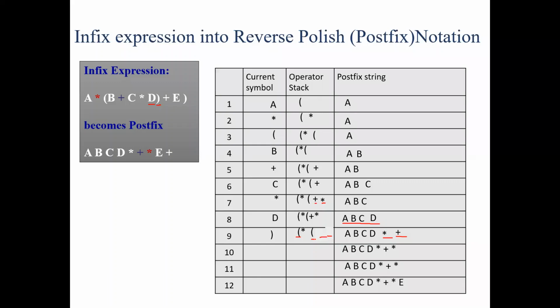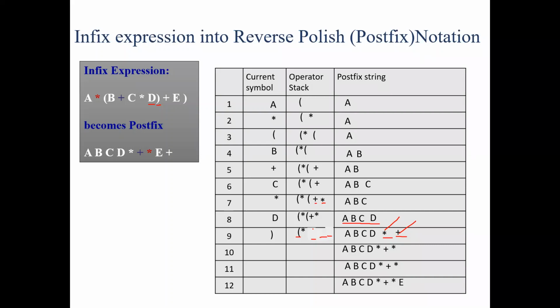So that algorithm is telling us to pop out all operators until you encounter a left parenthesis. You will be popping out and printing only the operators. The left parenthesis will be just popped out. It will not be printed over here. Understood? Only the operators will be printed onto the display.